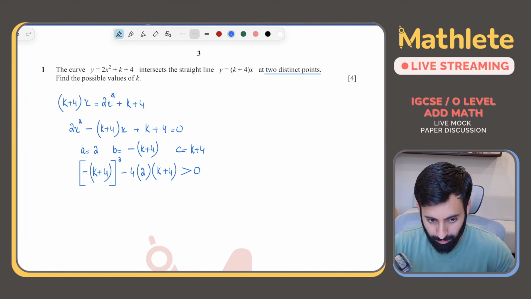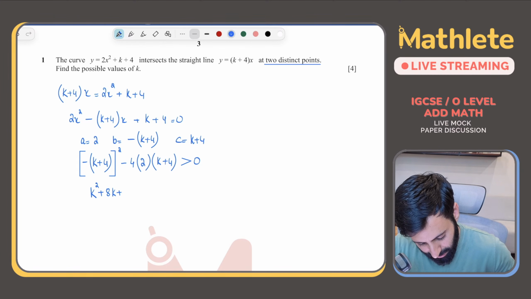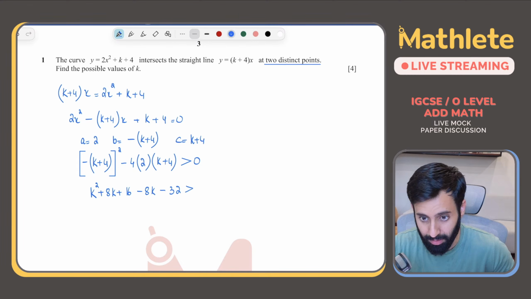Okay, now, so let's expand k plus 4 the whole thing square. What's that equal to? That's equal to k square plus 8k plus 16 minus 8k minus 4 times 2 is 8, 8 times 4 is 32, is greater than 0.